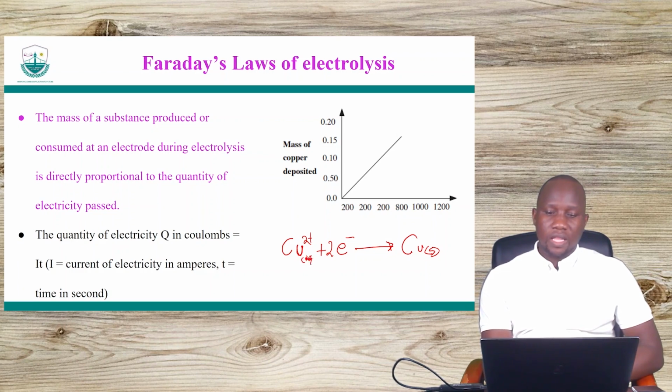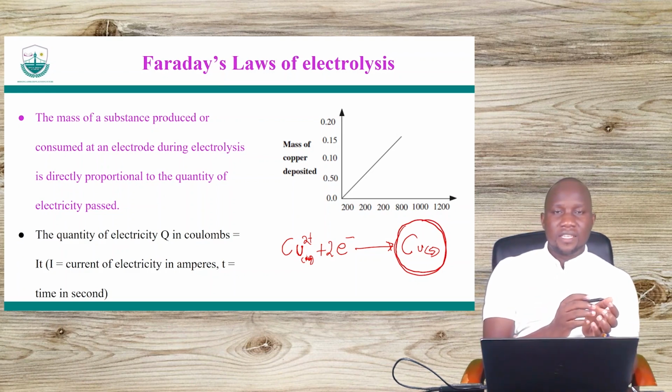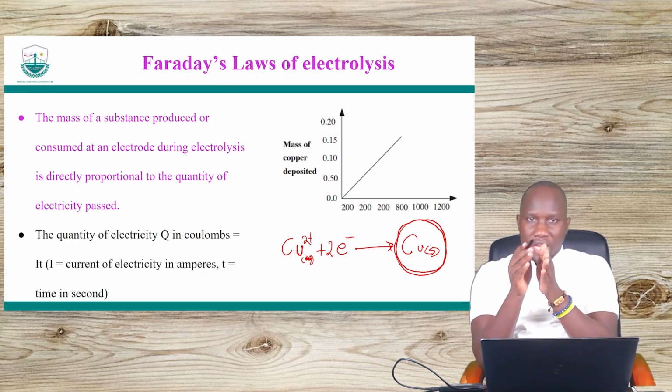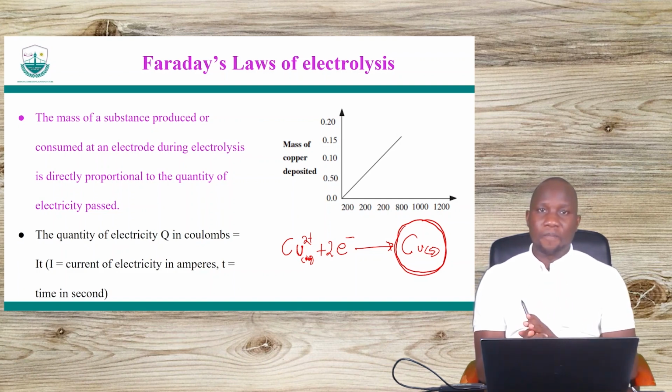So this is to say that you're going to have copper being deposited. The ions are losing the charge and then they are being deposited usually at the cathode. That is where you're going to have this reduction happening.